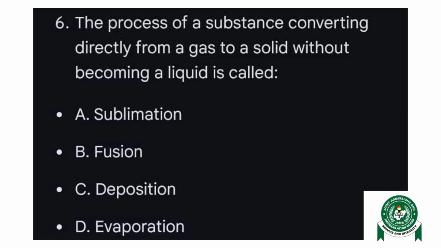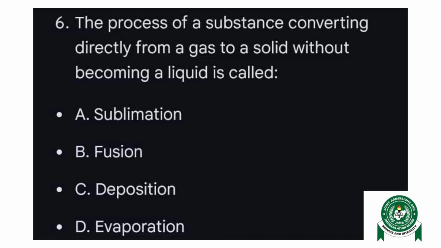Now, under exam conditions, some persons might be tensed, and due to the exam pressure, they might end up picking option A, sublimation, forgetting that option A is the reverse process. It is converting solid directly to gas and not gas directly to solid. So what is deposition?